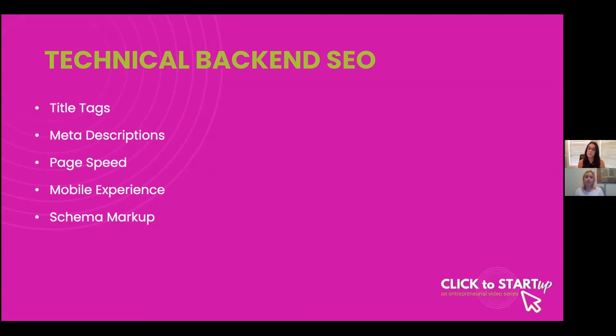And lastly, schema, which is definitely the most technical of all of these. So you probably will need a little assistance, but the schema on a website is very similar to what we talked about with H1 and H2s. It's the code on the back end that speaks to the search engine for them to know what to do with the content.